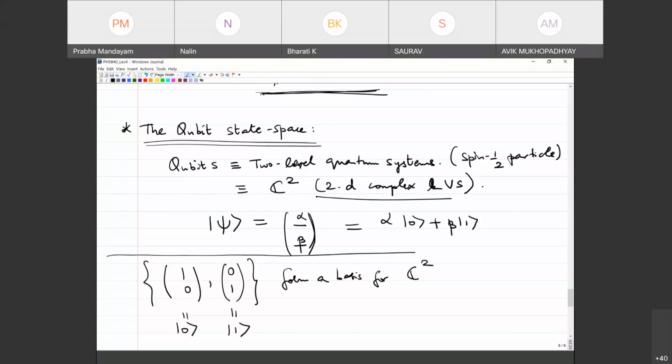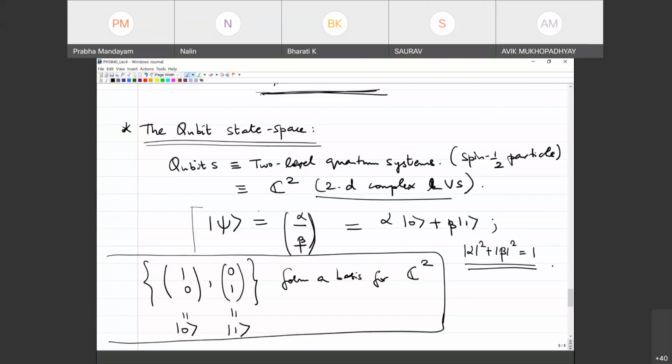But what is more, I said that quantum states have to have unit norm. So this is to be alpha |0> plus beta |1> with mod alpha squared plus mod beta squared equal to 1, right? This is what completely defines a qubit for me: an arbitrary linear superposition of ket 0 and ket 1 with mod alpha squared plus mod beta squared equal to 1.